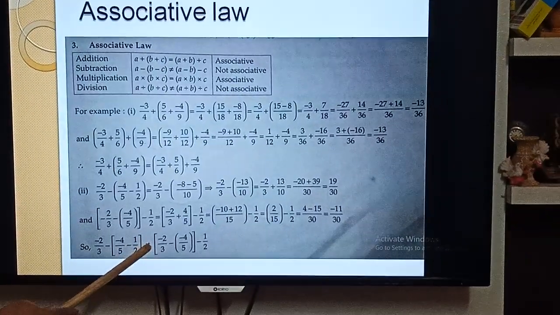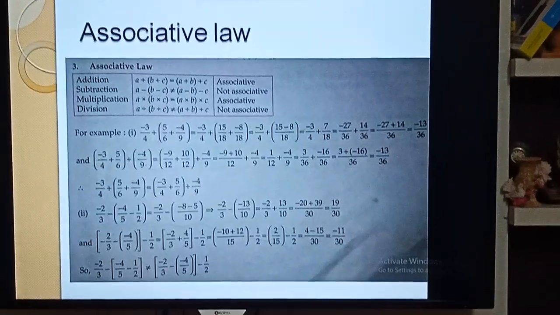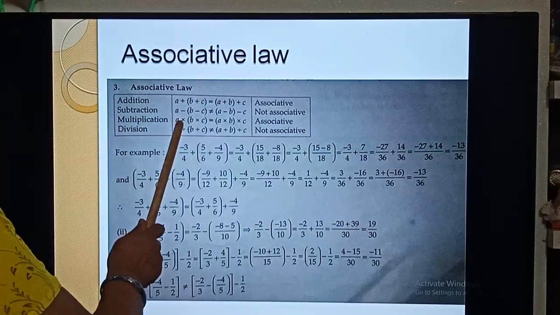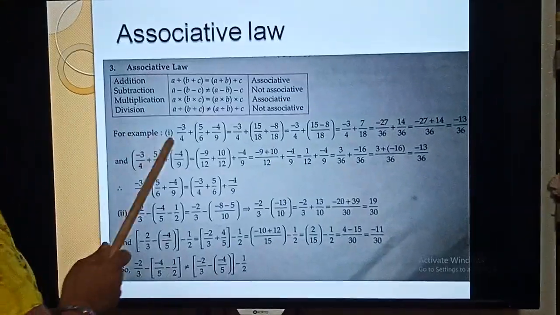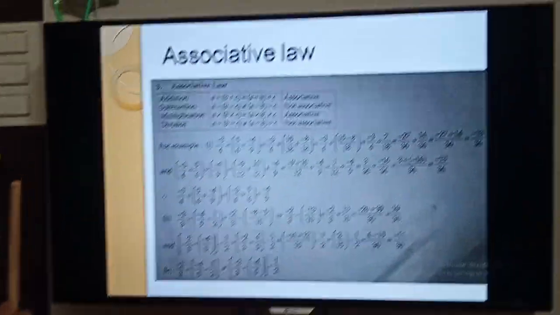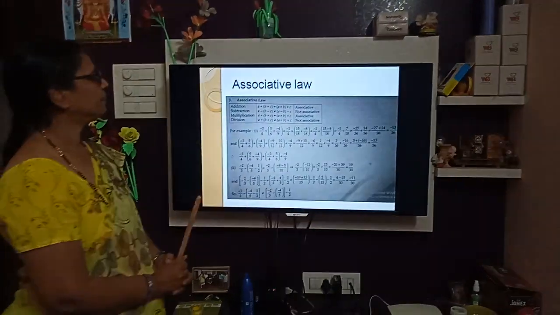Hence subtraction does not satisfy it. Multiplication satisfies it because addition and multiplication are connected, children, right? So this is applicable, but division does not satisfy it.